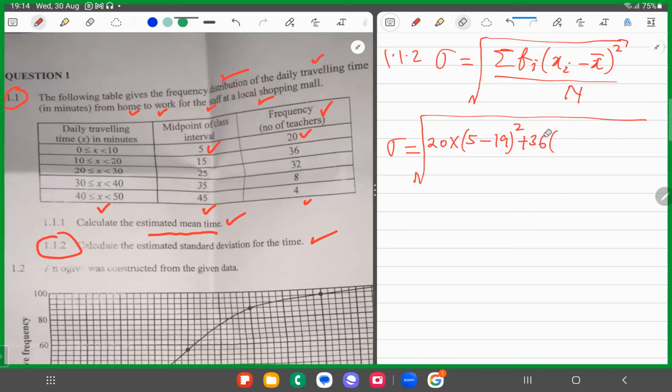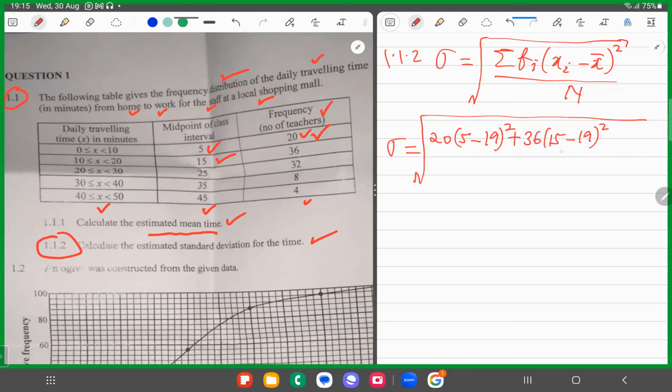You can just put the brackets here. Okay, so let me write properly. So you can write the frequency, 20, which is this one. And then you multiply by the class midpoint, which is 5, minus the mean. What is the mean? It is 19. And then you square these. Plus, the frequency is 36 into the class midpoint is 15, and then you subtract from it x bar 19.